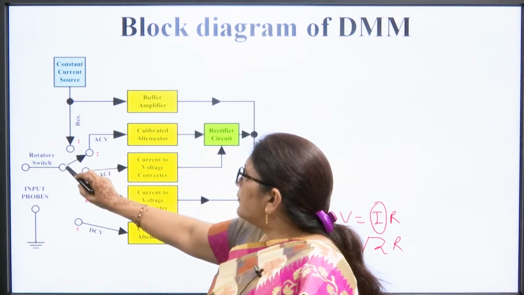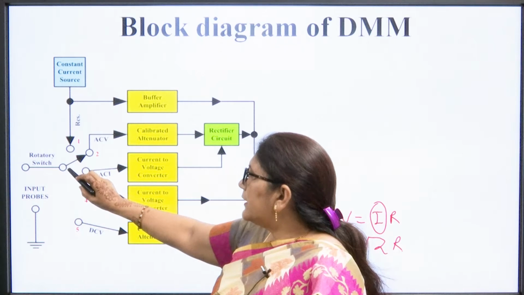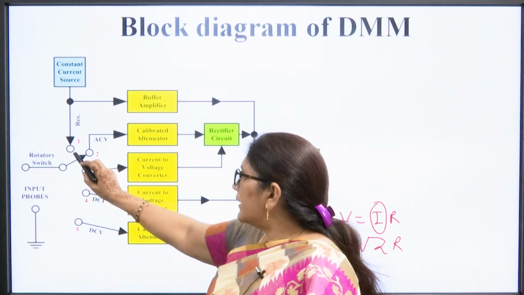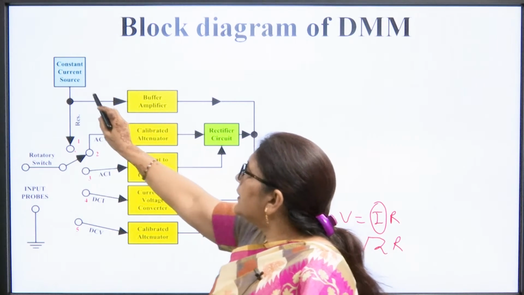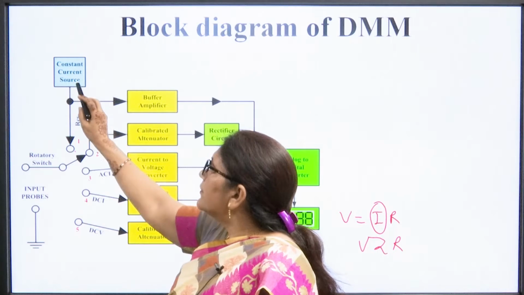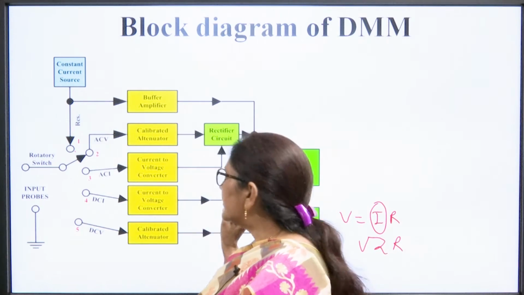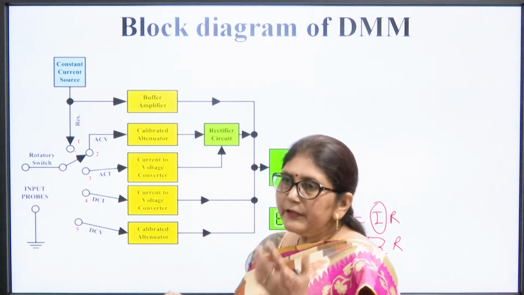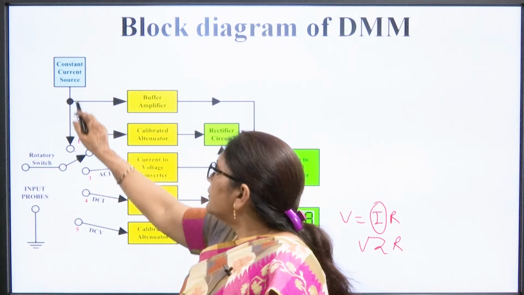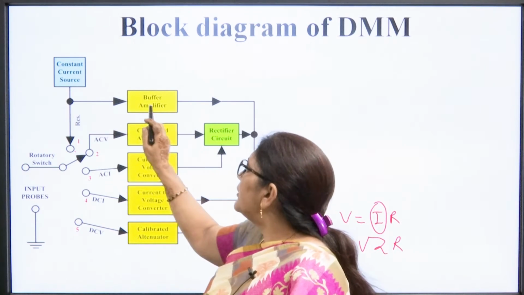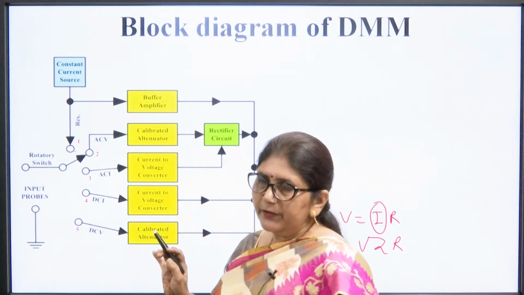When we want to measure a resistance, we keep our switch at this position, and here we can see a constant current source. As I have discussed, we have to measure the resistance in terms of voltage. The constant current source output passes through a buffer amplifier.